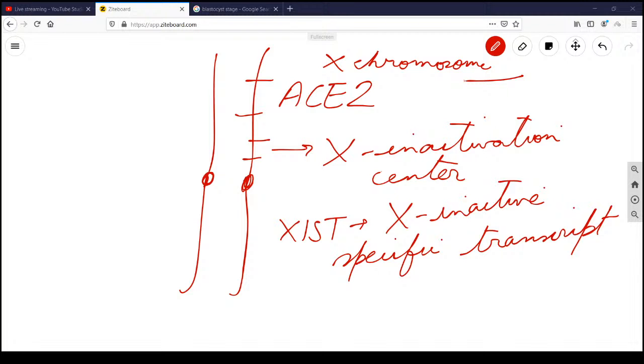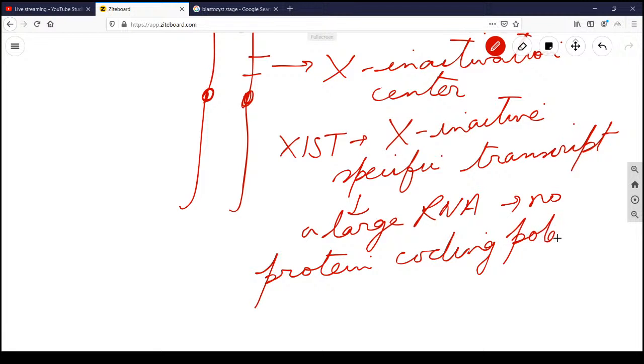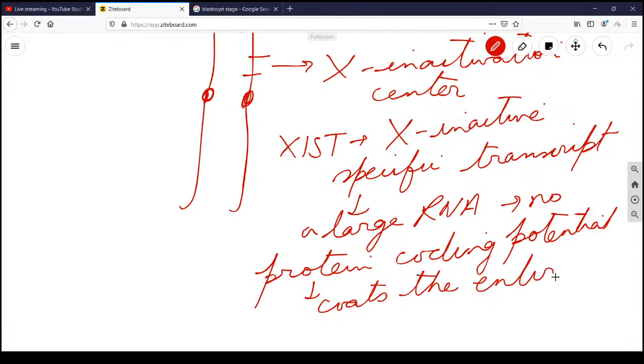It produces a large RNA with no protein coding ability or potential. What it does is this XIST RNA remains in the nucleus and coats the entire inactive X chromosome.